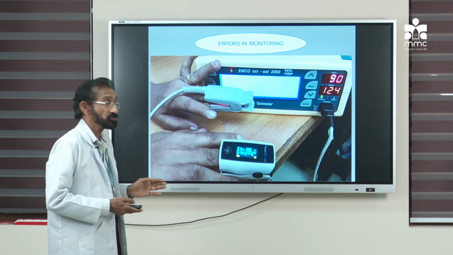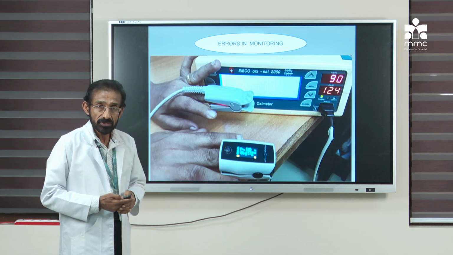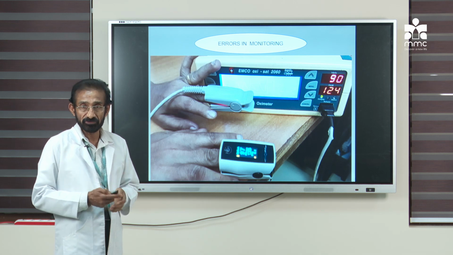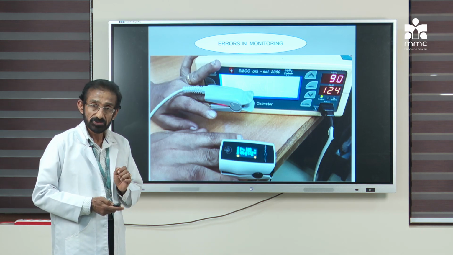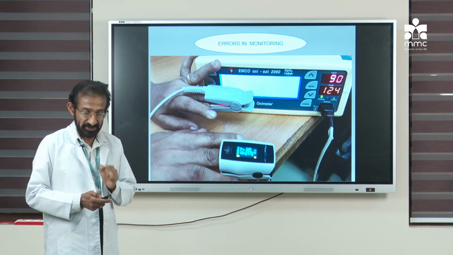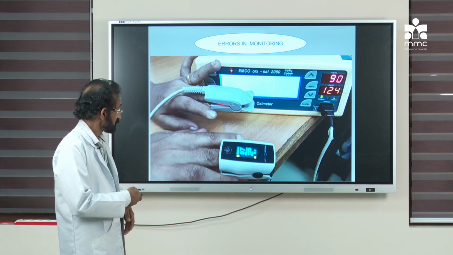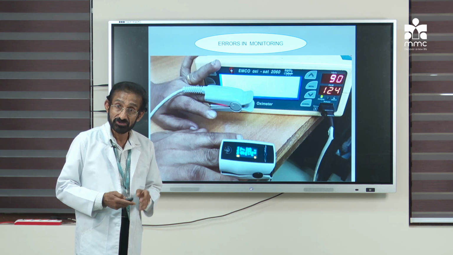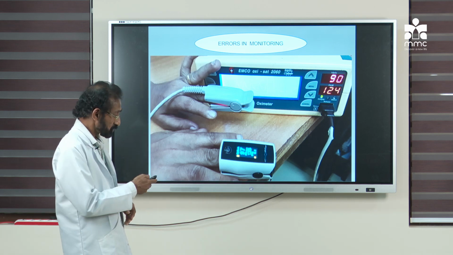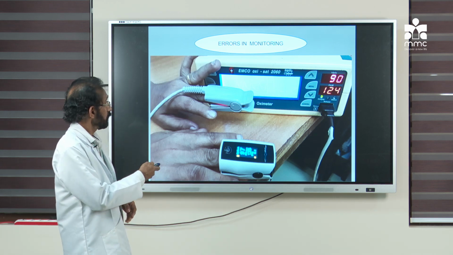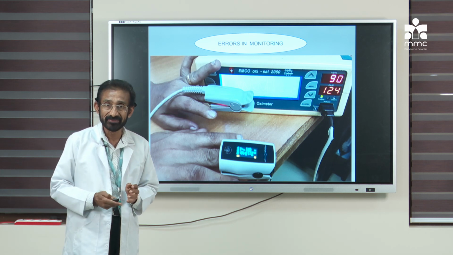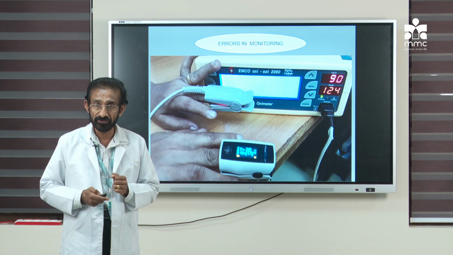And you find this patient who had come to the department with acute onset of breathlessness, severely ill in respiratory distress. One of the pulse oximeters was showing a saturation of 97, which is normal, and the other, the standard pulse oximeter, was showing a saturation of 90 and the pulse rate was 124.